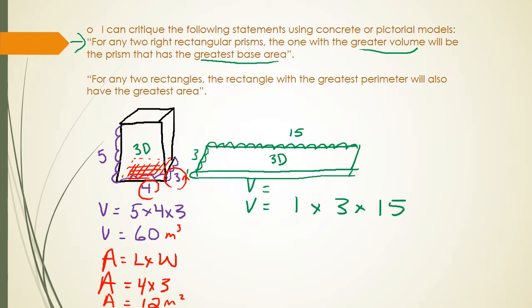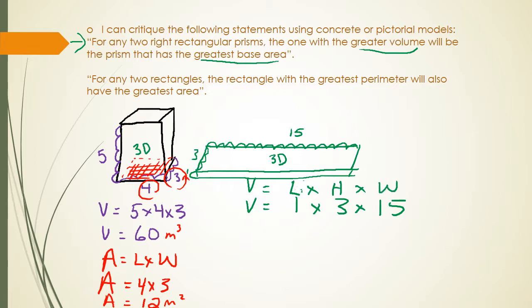I guess I should have put in my recipe. Base times height times, oops, sorry. Let's call that, look at that, I used white twice in one video. Length times height times width. Sure.